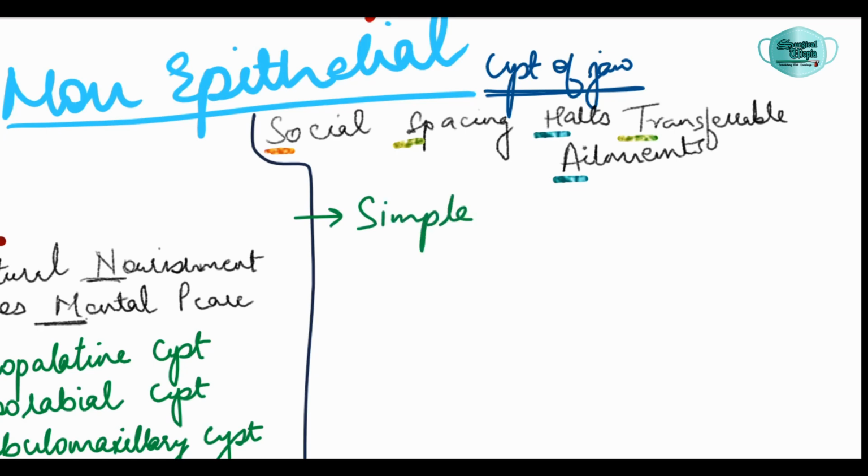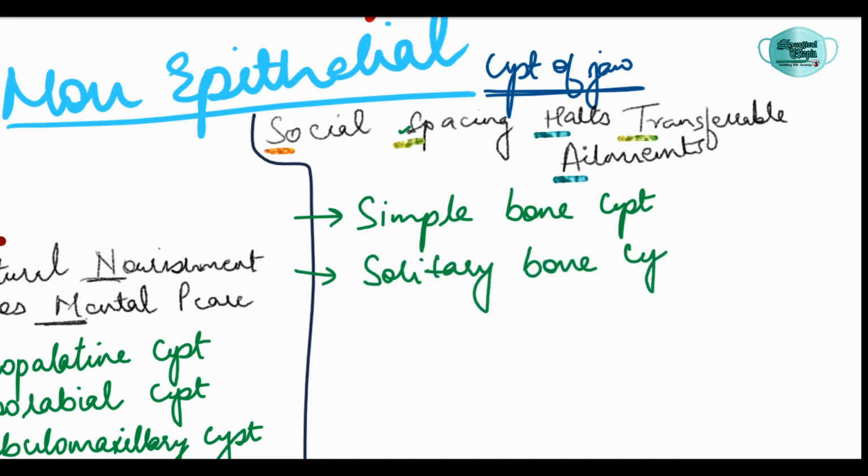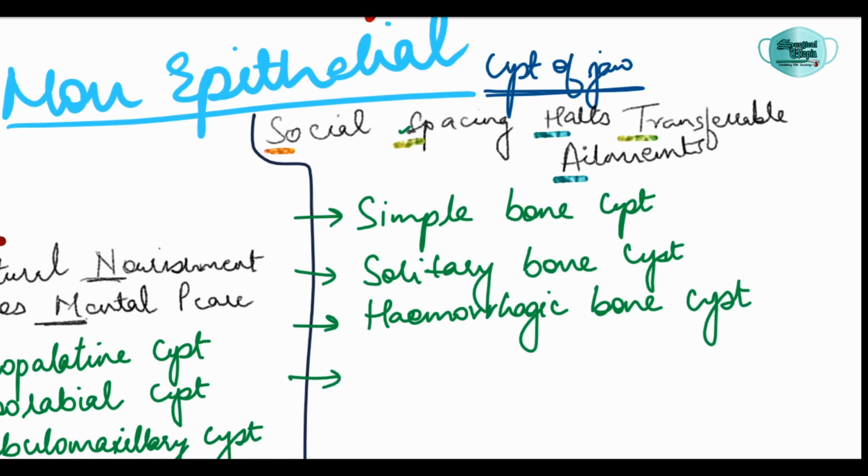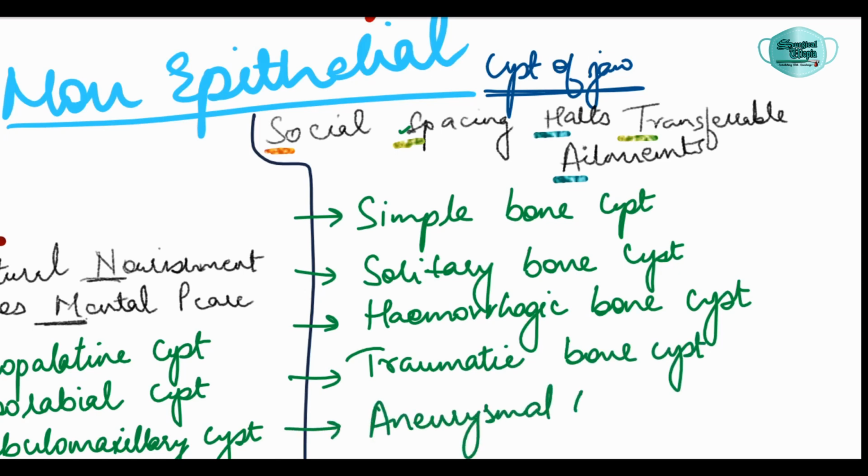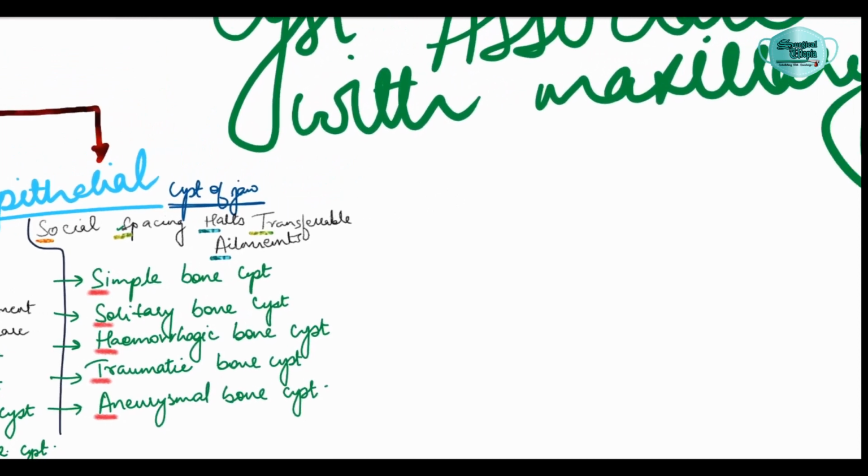With S we have simple bone cyst, with the second S solitary bone cyst, with H hemorrhagic bone cyst, T in transferable corresponds to traumatic bone cyst, and A in ailment corresponds to aneurysmal bone cyst. So these were all the cysts lying in the non-epithelial origin of the cysts of the jaw.